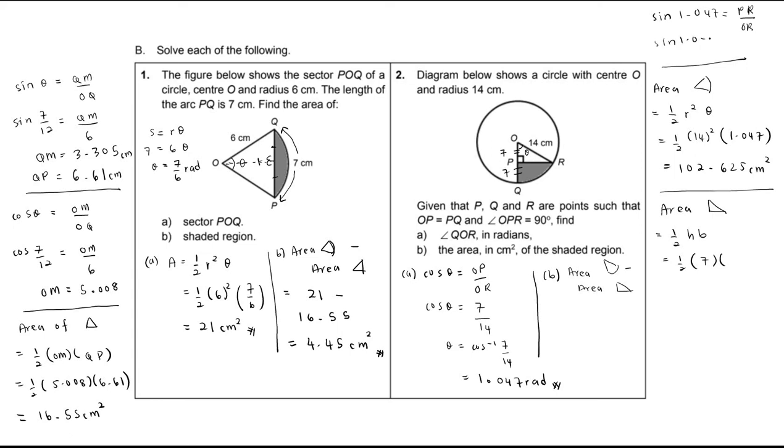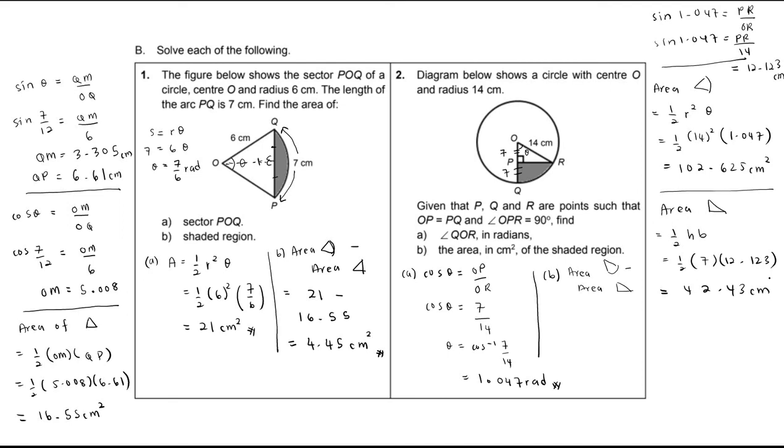Sine 1.047 equals PR, which is what we want to find. OR is 14 cm. Okay, calculate sine 1.047 multiplied by 14. You should get 12.123 cm. So 12.123. And we get the area of the triangle is 42.43 cm square.